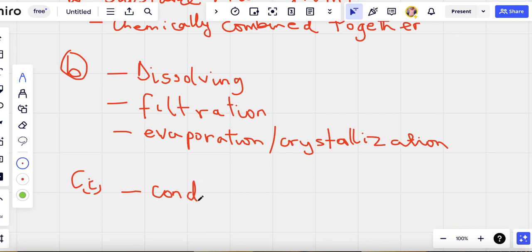A condenser is an apparatus that cools down any hot substance that passes through it. Any vapor coming through it will be cooled down. That's why it's called a condenser.